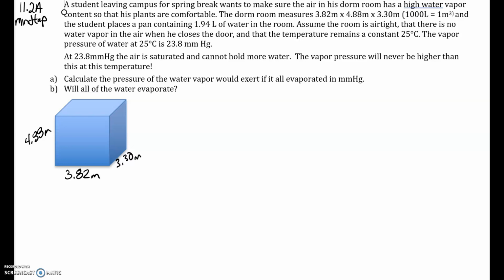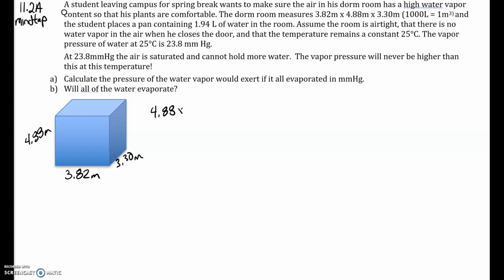We can calculate a volume using length times width times height, something you probably haven't done in a long time. When we multiply meters times meters times meters, we end up with a unit of cubic meters.